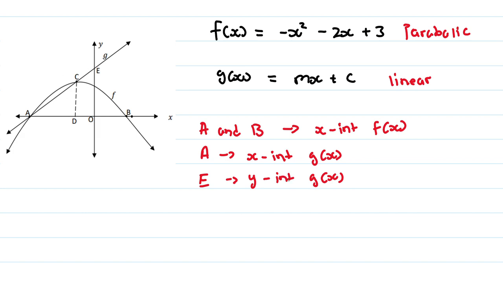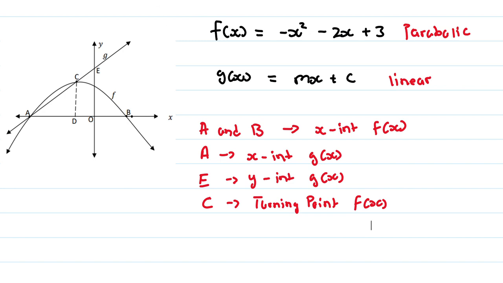And the point C is the turning point of the graph of f of x. So, getting to our first question, the question says we must find the coordinates of C, the turning point of the graph.